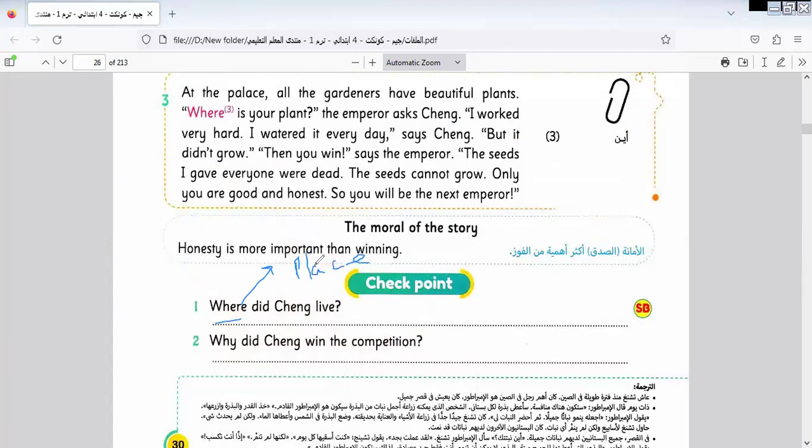So the emperor lives in what? In a beautiful palace.